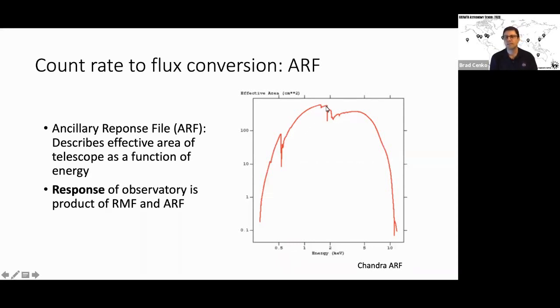So the effective area of the telescope varies quite significantly as a function of energy because of the properties of the mirrors largely, and also to some extent the properties of the detectors. So the response file that you really need is the product of the RMF and the ARF, and that allows you to take an observed spectrum and use that to convert a count rate into an actual flux measurement.